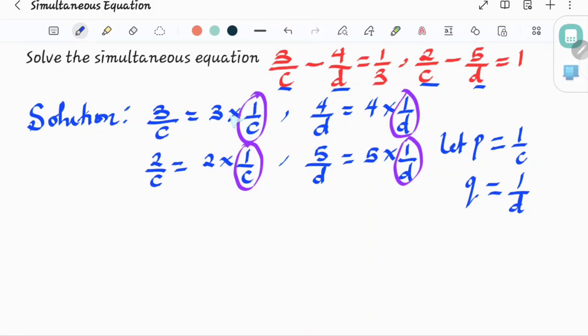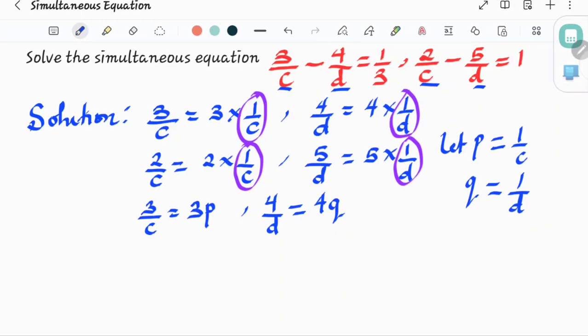So right away, in this question, 3 over c, which is 3 times 1 over c, will be 3p. Then it also means 4 over d is going to be equal to 4q, because 1 over d is now equal to q.